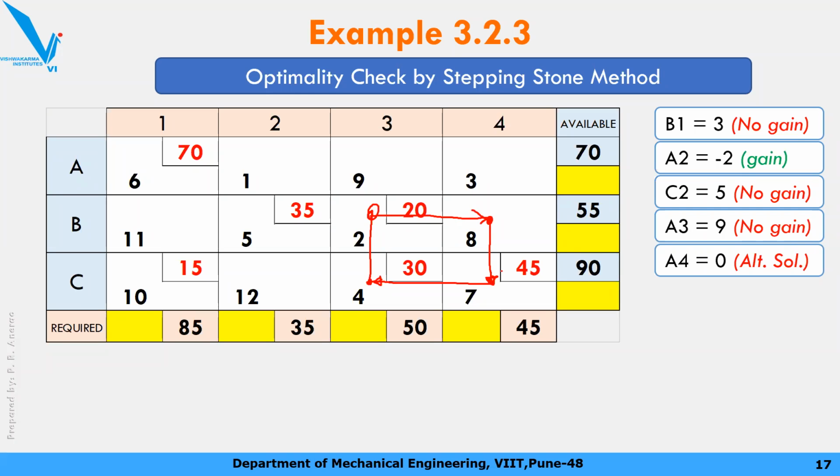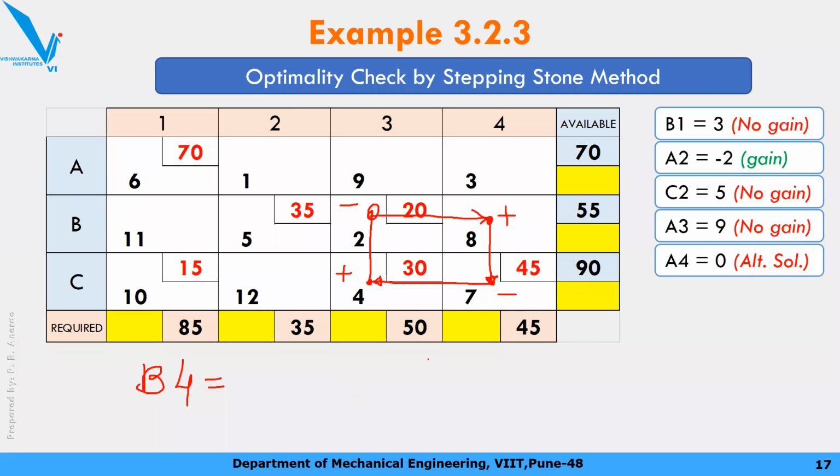After that, start assigning signs. Start with the unoccupied cell with a plus sign, then a negative sign, then plus, then minus. So this will be your sequence. Now for this cell B4, we will calculate the improvement index.